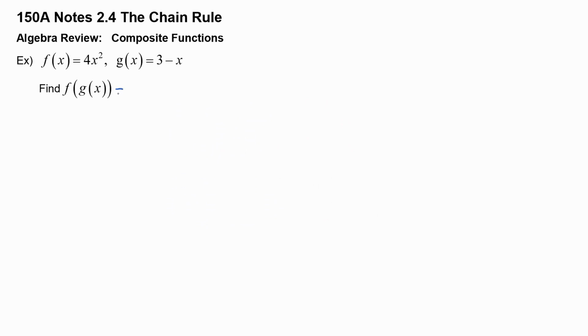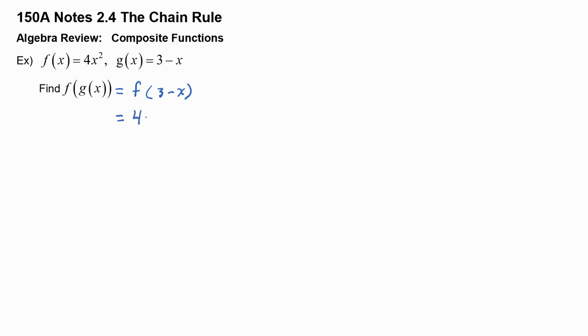So here, we will have to take f of 3 minus x, which is going to equal, what we do is take 3 minus x and use that as the input to f of x. So everywhere we see an x, we instead put 3 minus x.